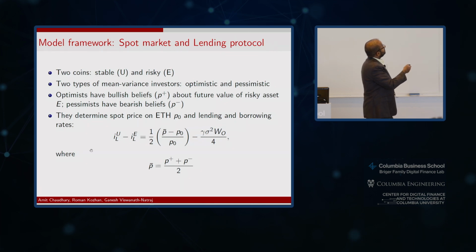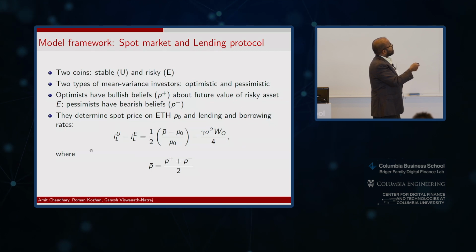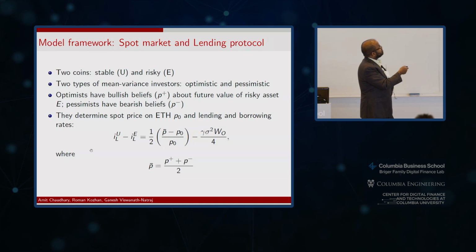And so when you have these two sets of investors, they have either bullish beliefs or bearish beliefs about ETH. You will then get a relationship between the interest rate difference between the stable coin and the risky cryptocurrency, and the average speculative beliefs of the investors. This P bar is an aggregation of the optimist and pessimist beliefs.